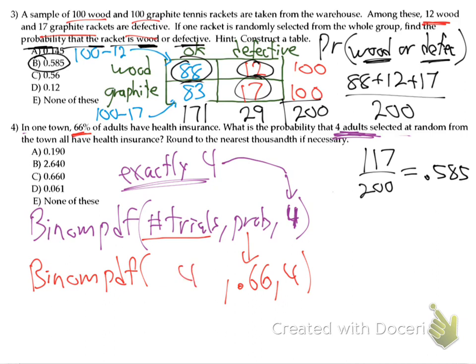Do you see that? Remember, that's how many times you're trying the thing. Trials, trying. How many times did we ask people if they have health insurance? Well, 4 times. They're saying, what's the chance that 4 adults selected at random all have health insurance? That means you ask 4 people and exactly 4 out of 4 say, yes, I have health insurance.